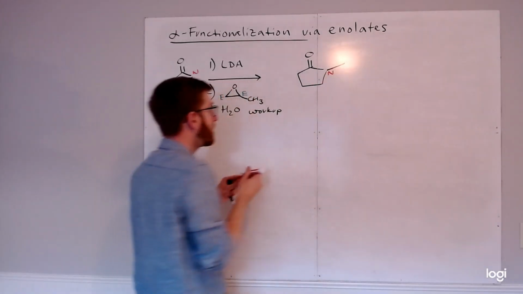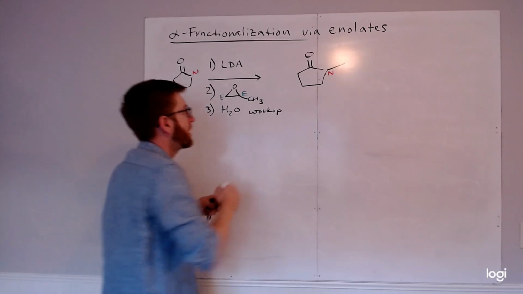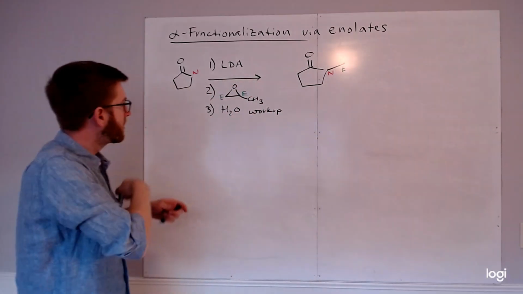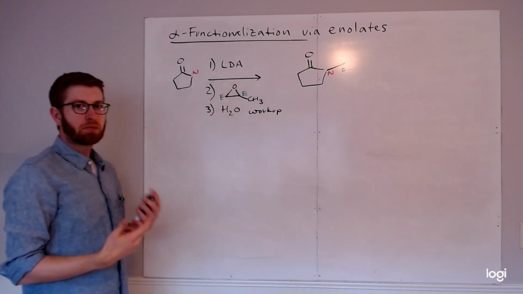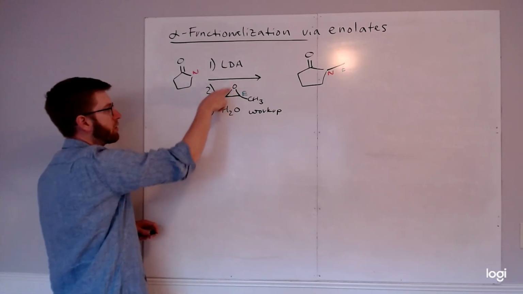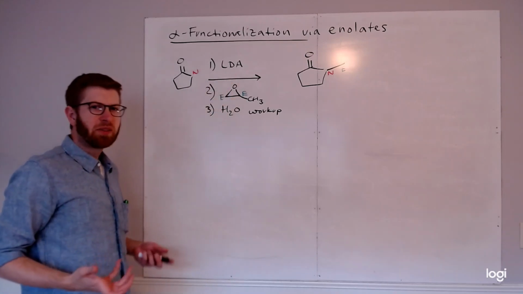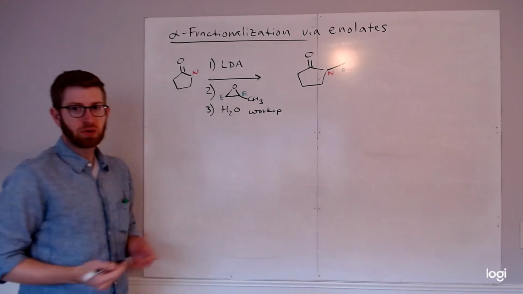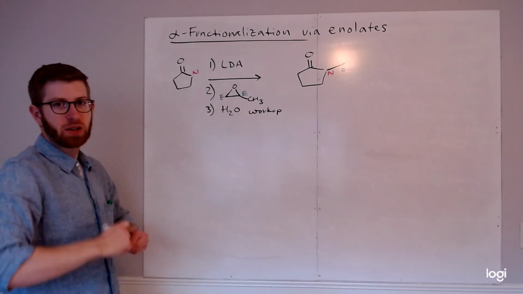So there's my N, here's my E, and this C-O bond will break from the enolate engaging the carbon, and the oxygen kind of functioning like a leaving group, but it's still going to be attached to this carbon, like you learned about for epoxide opening last semester.